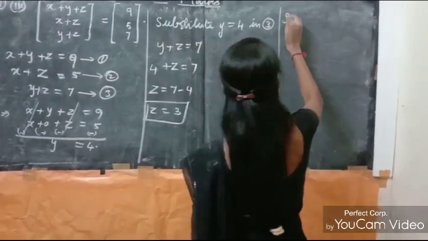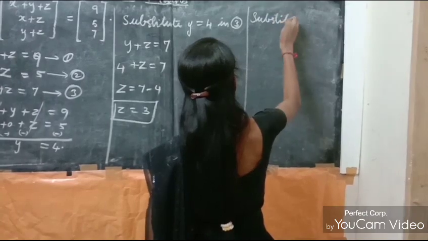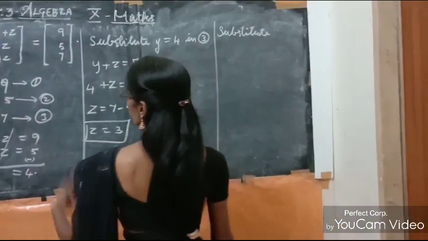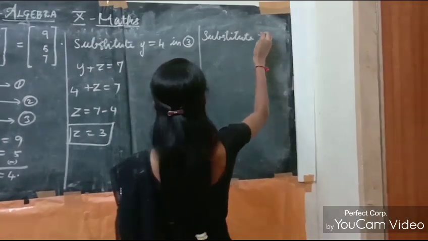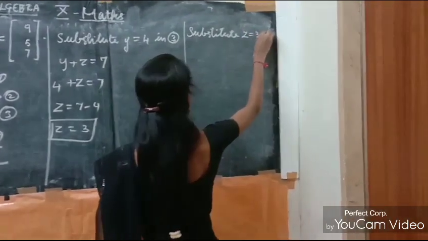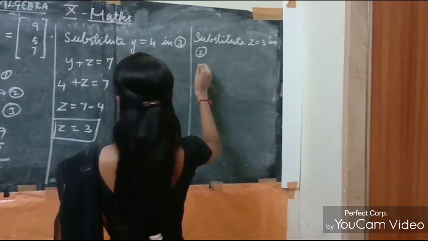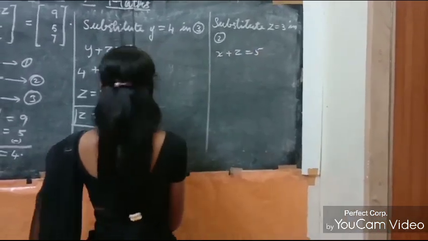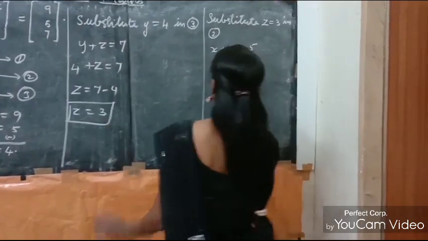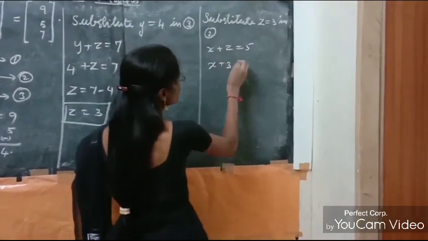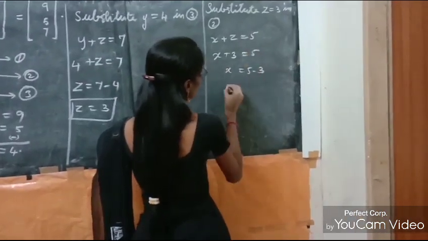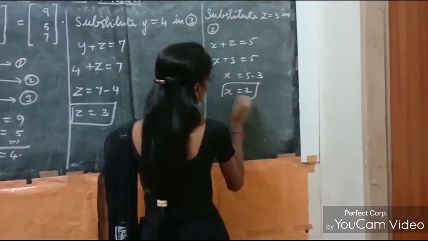Substitute the z value in the second equation. X plus z is equal to 5. What's the z value? 3. X plus 3 is equal to 5. X is equal to 5 minus 3. Then x is equal to 2.